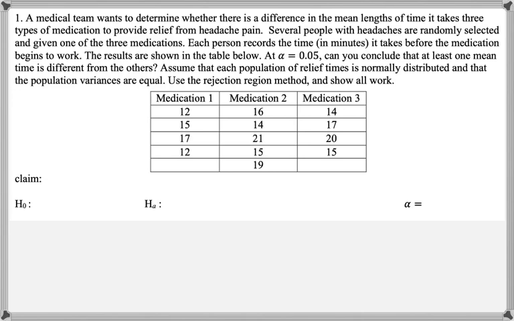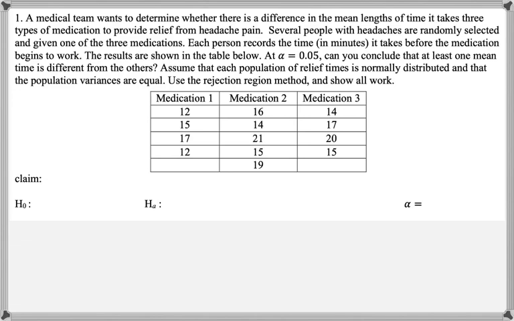The results are shown in the table below. At alpha equal to 0.05, can you conclude that at least one mean time is different from the others? Assume that each population of relief times is normally distributed and that the population variances are equal. Use the rejection region method and show work.